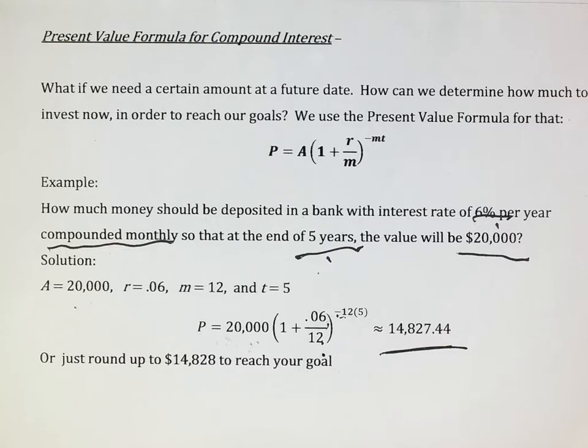So in order to have the $20,000 we need, maybe because we're going to start our own business, we just need to make sure that when everything's in place, we have that capital. We need to invest $14,828 or so to reach that goal.